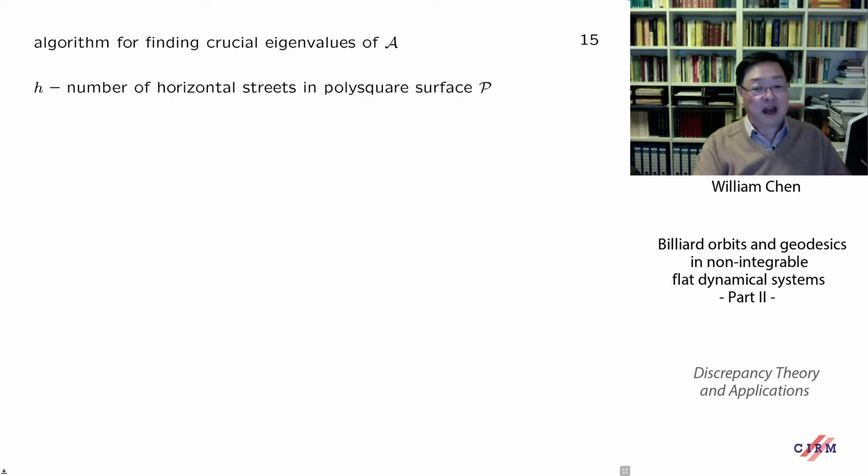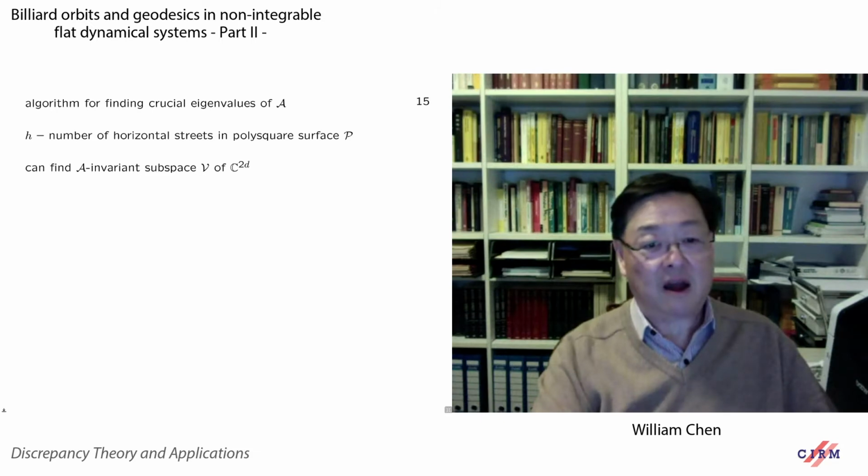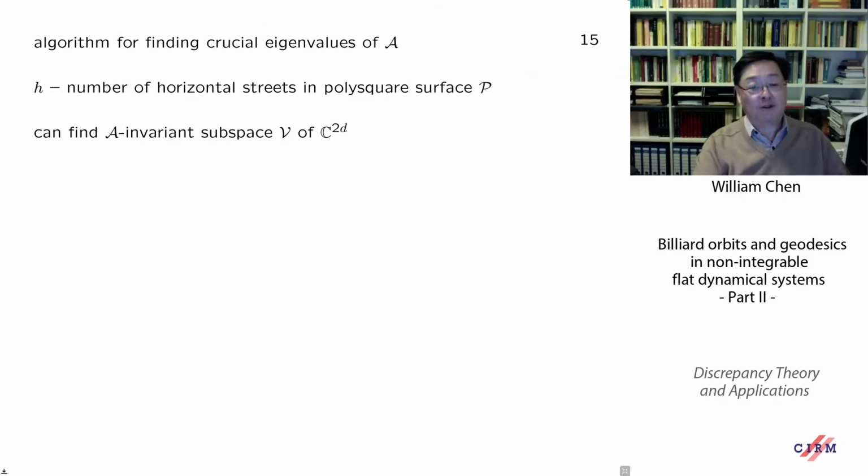Let's suppose that H is the number of horizontal streets in the polysquare surface P. We can show that we can find an A invariant subspace of C to the 2D with the following properties.